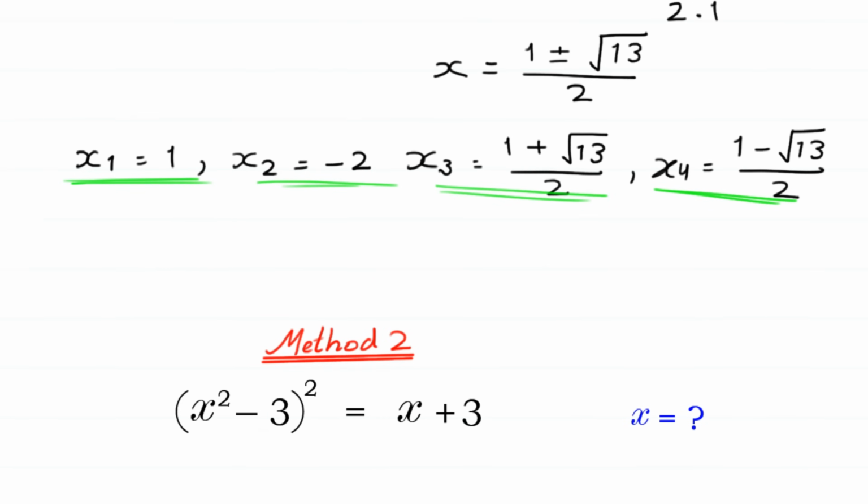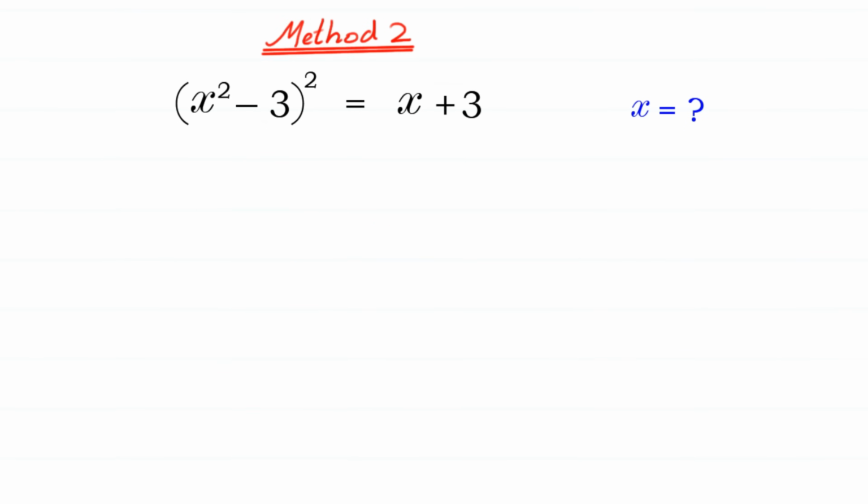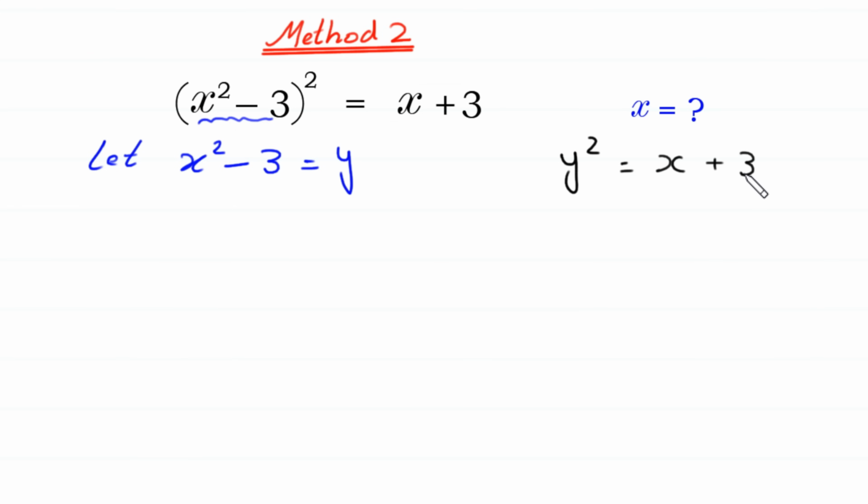Now let's solve this equation by method 2. In this method, we suppose this expression x squared minus 3 is equal to y. Let x squared minus 3 is equal to y. When we substitute y in this equation, then this equation becomes y squared is equal to x plus 3.